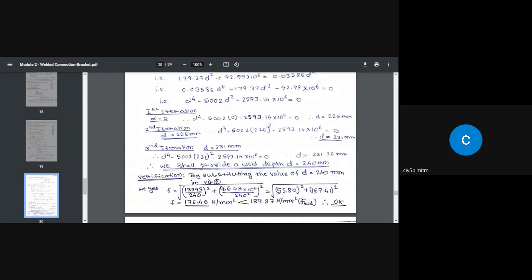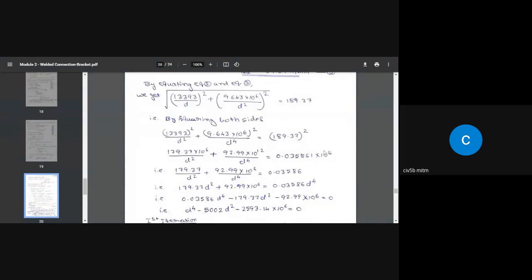If you do one more iteration, you may get 231.28 or 27. Instead of doing all those things, just stop at this point. This accuracy is good enough for us. So instead of providing 231.26 millimeter, we will provide 240 millimeter weld. So that is the depth of the bracket plate.